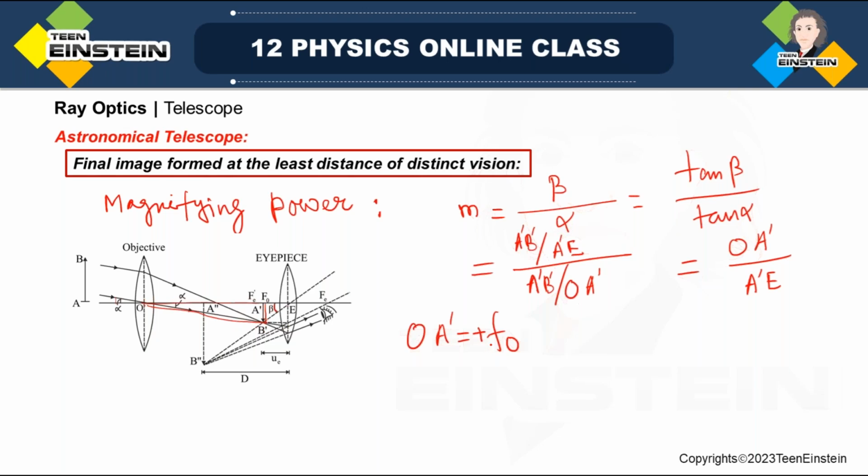That's why O A prime we can take as FO, that means the focal length of the objective, and A prime E, this is the object distance U we have taken, with the minus sign here. Then what is the magnifying power?